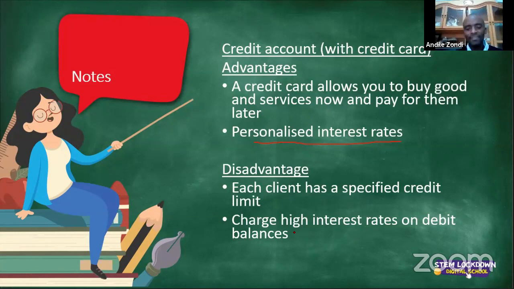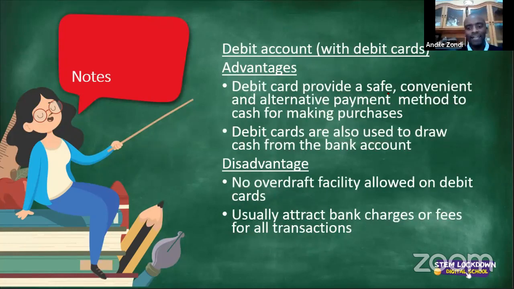Next is a debit account with a debit card. A debit card provides a safe, convenient, and alternative payment method to cash when you're making purchases. So if you don't have cash, you can actually swipe your debit card. Obviously, the amount of money is drawn from your account.